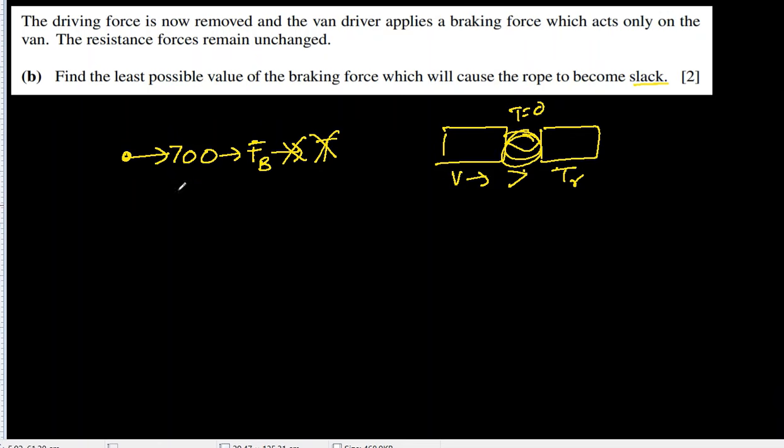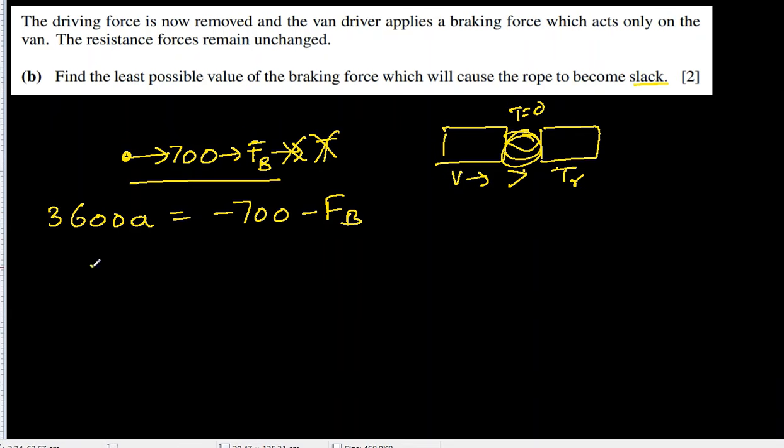So now this is our new free body diagram, so we can write the acceleration in this case. 3600 was the mass of the van, times acceleration, ma, equal to, there is no applied force, we have just 700 and FB.